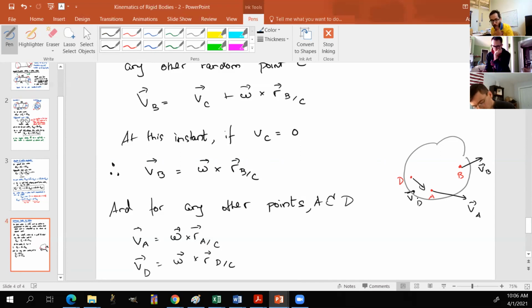What you can do, for this particular instant, is draw the perpendicular to the velocity at each point. If you draw this perpendicular, this perpendicular, and that perpendicular, they will all intersect at the same point. And that is your magic point C, which is the instantaneous center of rotation. You can say that this plane motion at this particular instant can be described as a pure rotation about this point C.